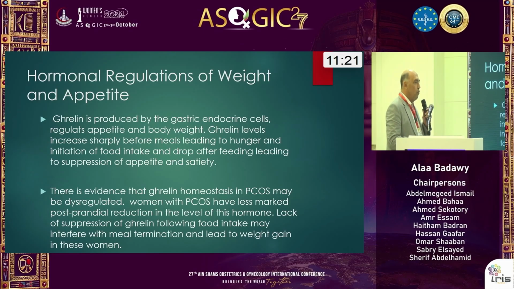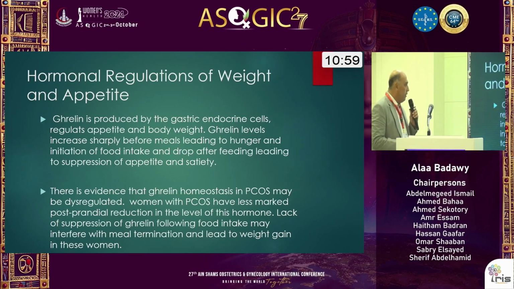There are many other hormones from the gastric mucosa, even some we don't know about. This is one of the reasons we have to preserve the gastric mucosa as much as possible, because it's very beneficial both in PCOS and in obesity.